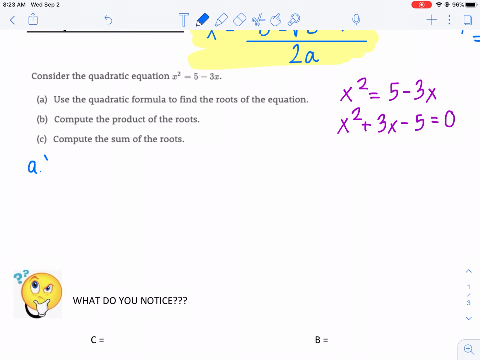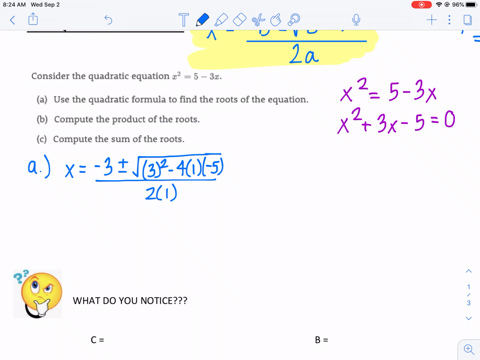So, part A, quadratic formula. x would equal negative b plus or minus square root b squared minus 4 times a times c all over 2 times 1. So when you simplify, I'm getting x equals negative 3 plus or minus square root of 29 over 2.